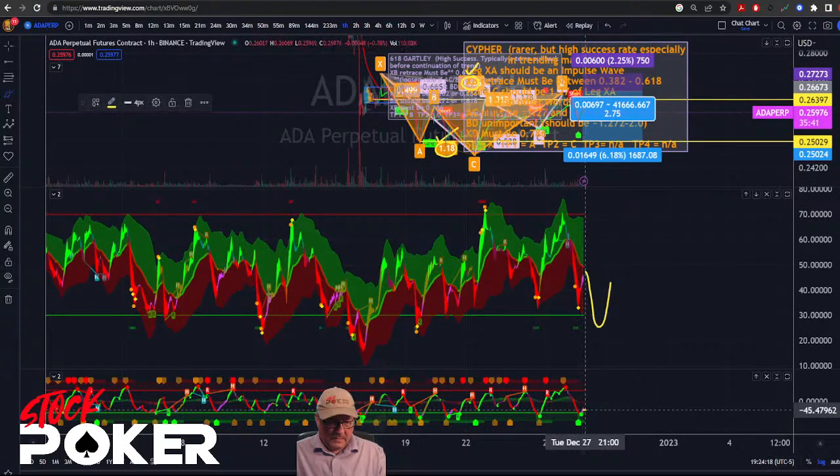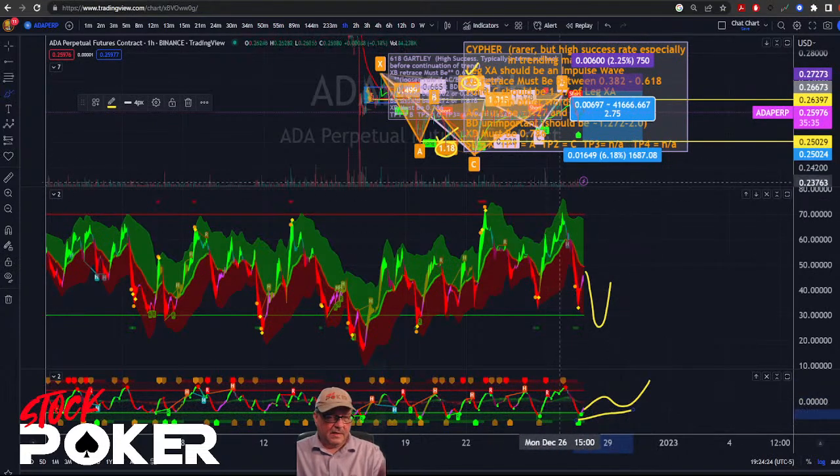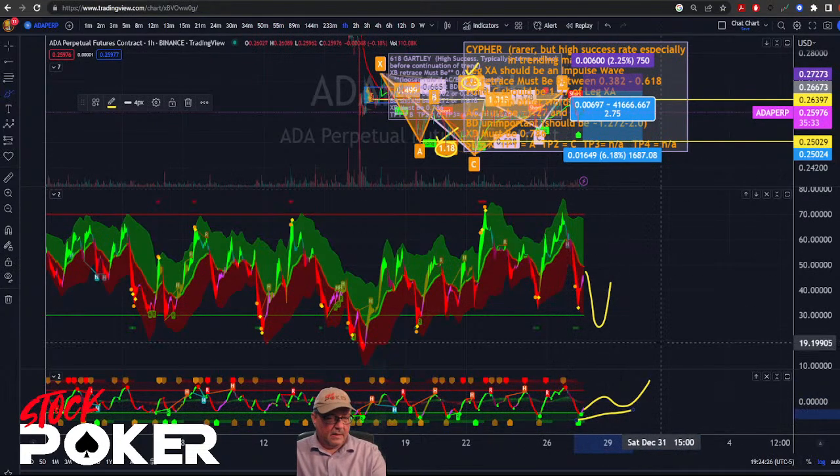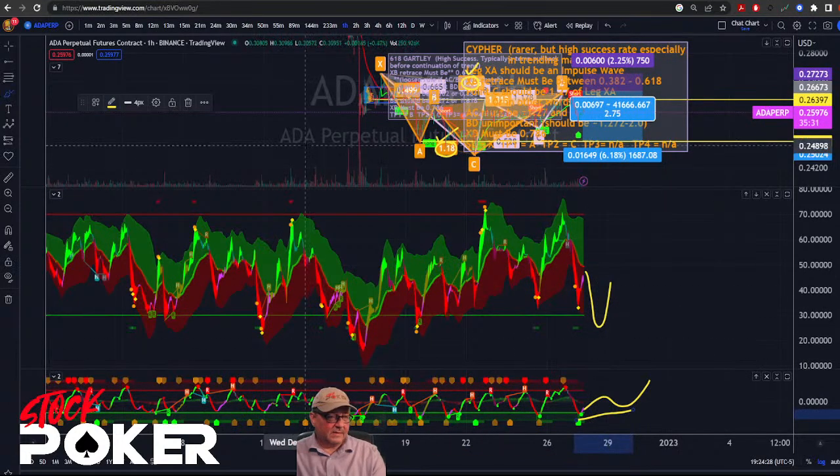Hopefully we do something like this with a lower price, and then we hit some divergence that kind of kicks us out of here. I'm hoping for something like that to happen.